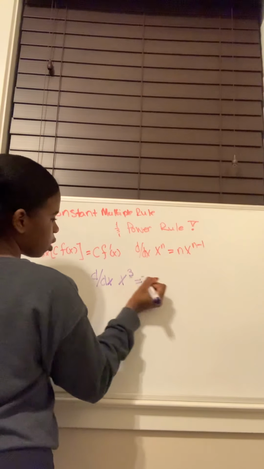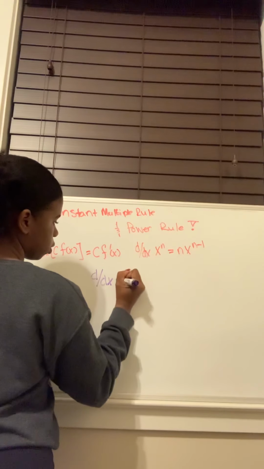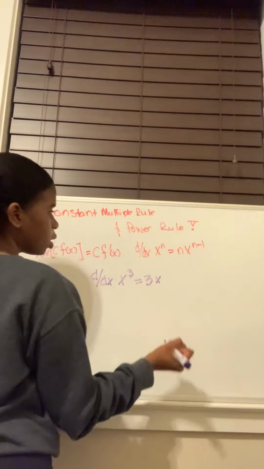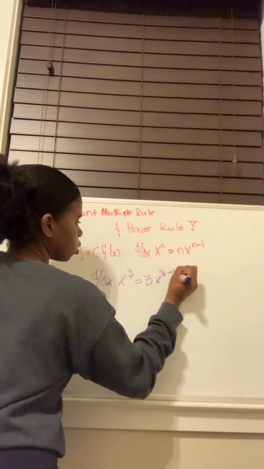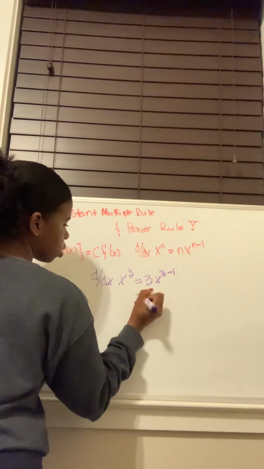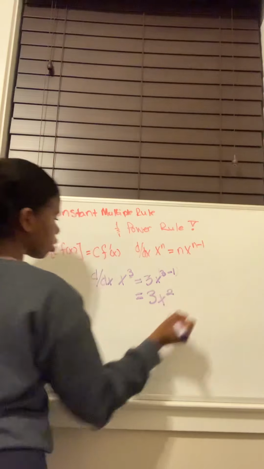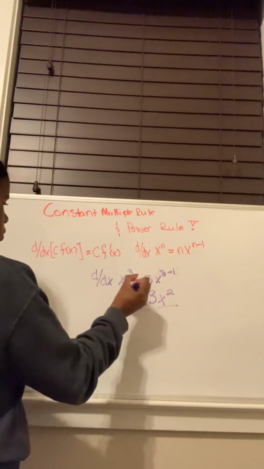So we're taking n and putting it in front. Okay? So it's 3x. And then we're taking n minus 1. So your answer will be 3x squared. That is your derivative. Okay?